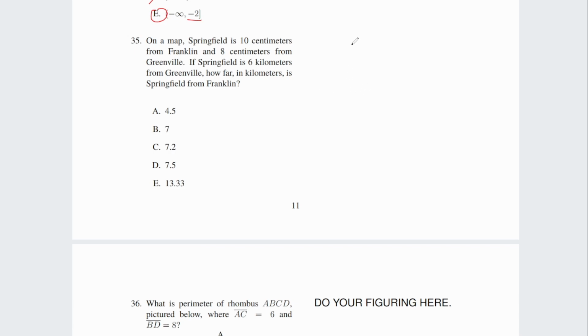If we think that the ratio is 8 centimeters to 6 kilometers, then we need to find, for this ratio, how far in kilometers Springfield is from Franklin for 10 centimeters.